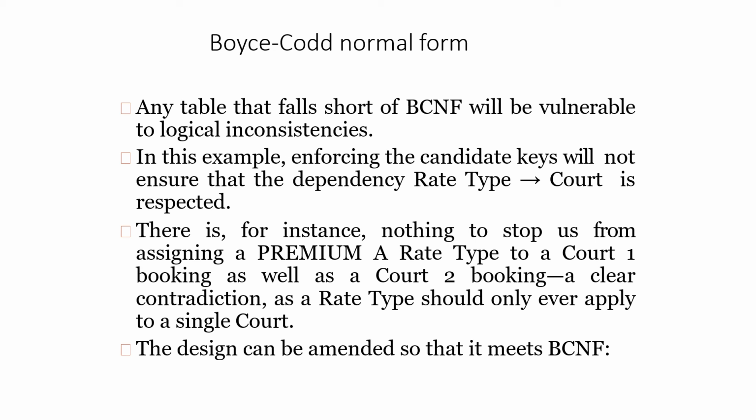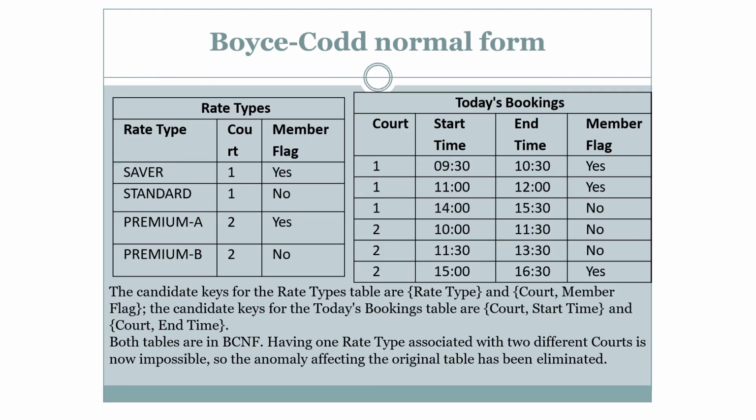A clear contradiction, as a rate type should only ever apply to a single court. The design can be amended so that it meets BCNF. So now we will see what kind of design it should have so that the controversies for BCNF can be avoided.